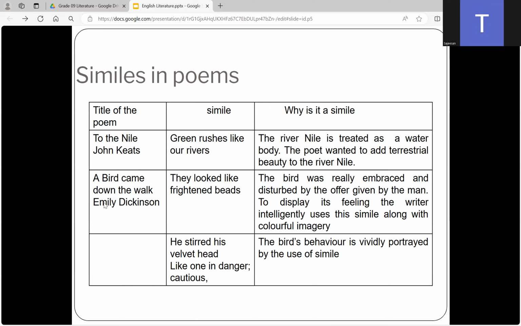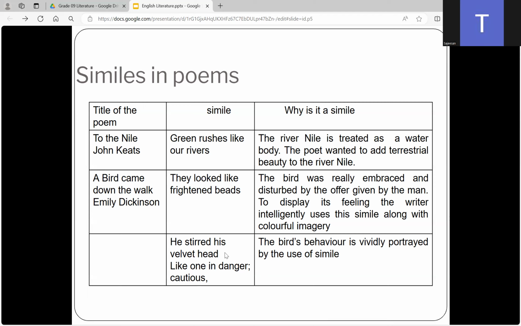Okay. Next one, in the poem A Bird Came Down the Walk, written by Emily Dickinson. Here, they looked like frightened beasts. Here, the bird was really embarrassed and disturbed by the offer given by the man. To display its feeling, the writer intelligently uses this simile along with colorful imagery.